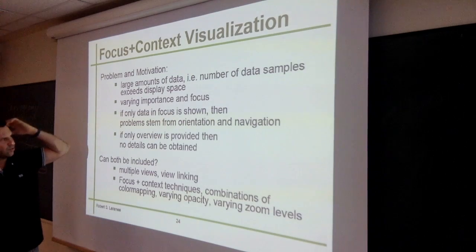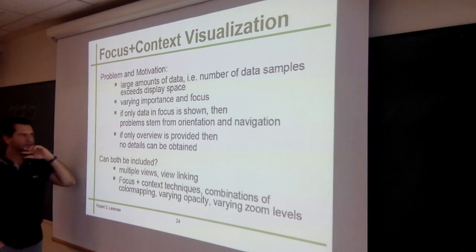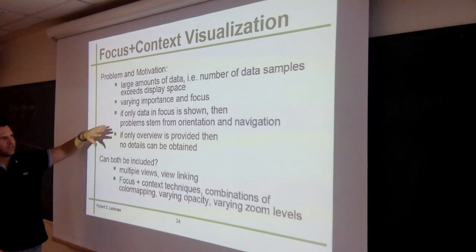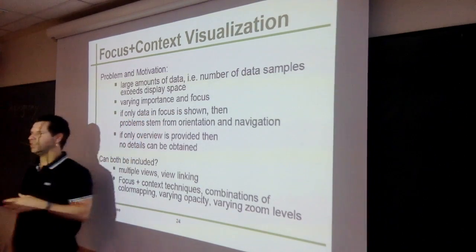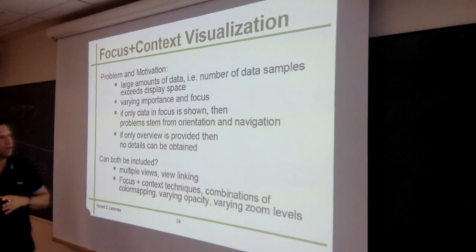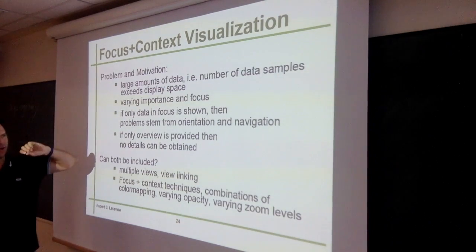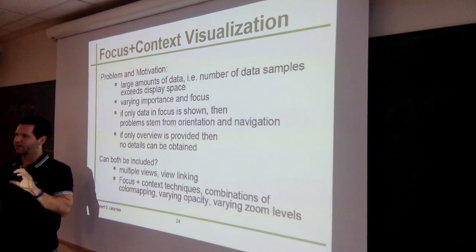If we're trying to separate the important data from the unimportant data, we run into a dilemma. For example, imagine we show only the focus, only the important data. We run into the dilemma that we might not understand where we are in the data space.